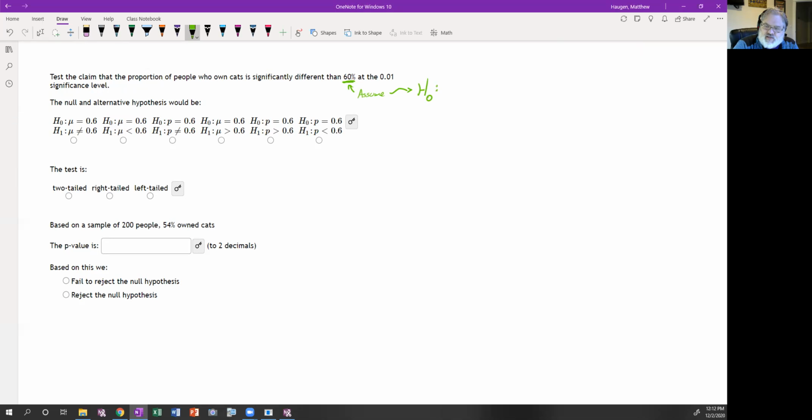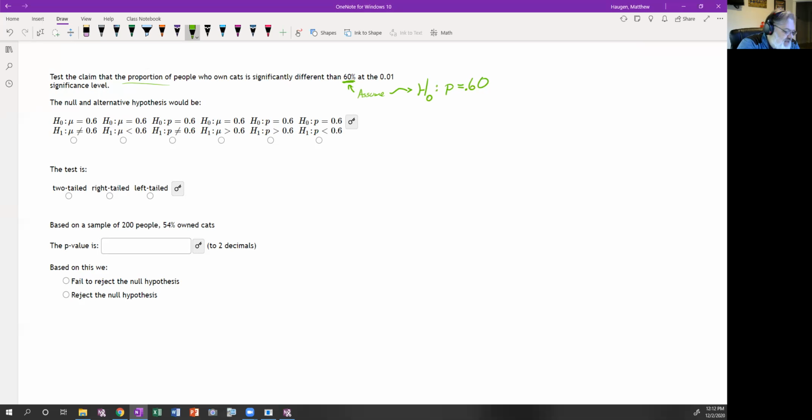Fair? If we want to test somebody's claim, we assume they're wrong, and the burden of proof is on the claimer. Fair? So the null hypothesis is that the proportion, so it's a p, is equal to 0.60. Fair?